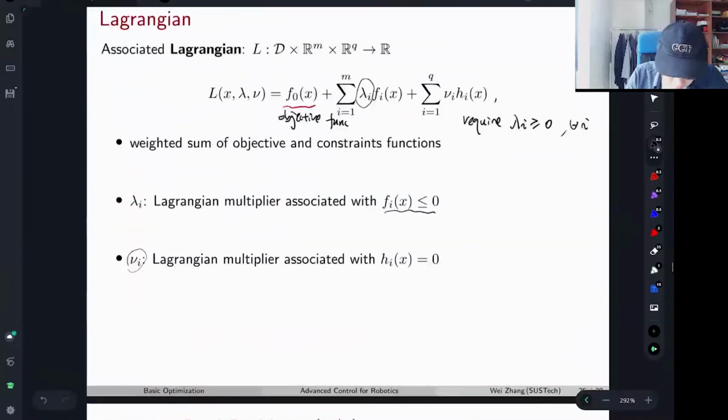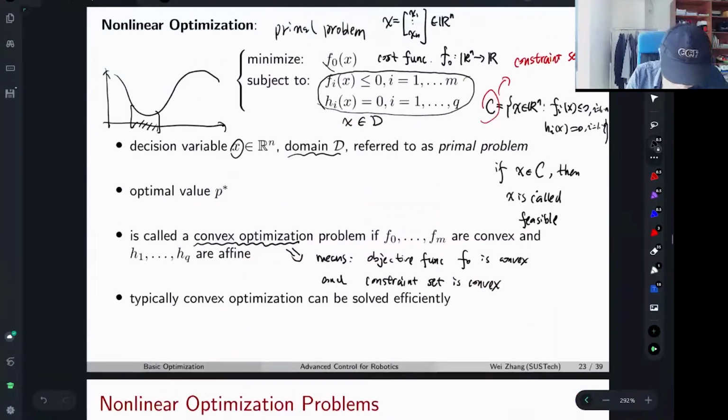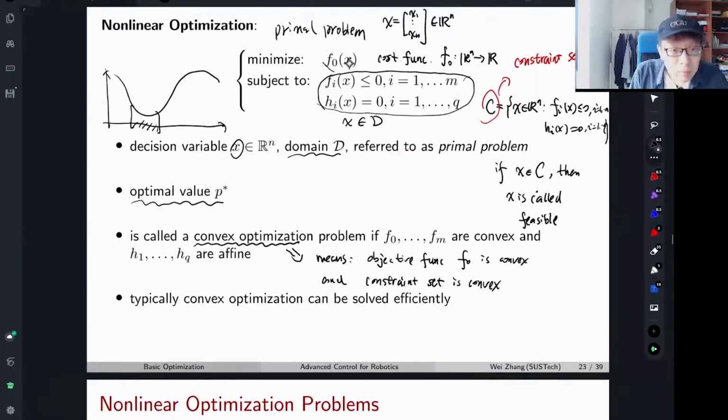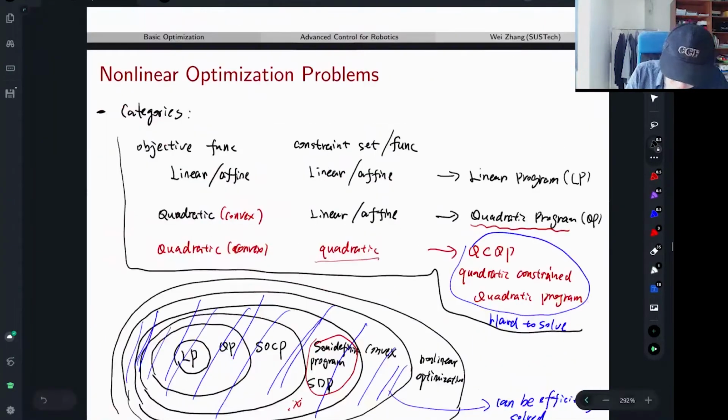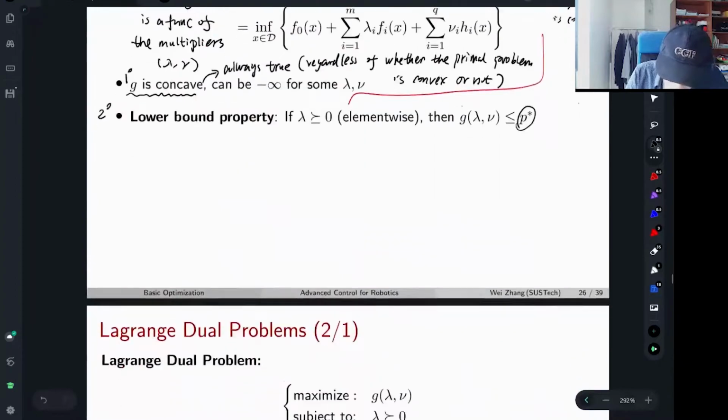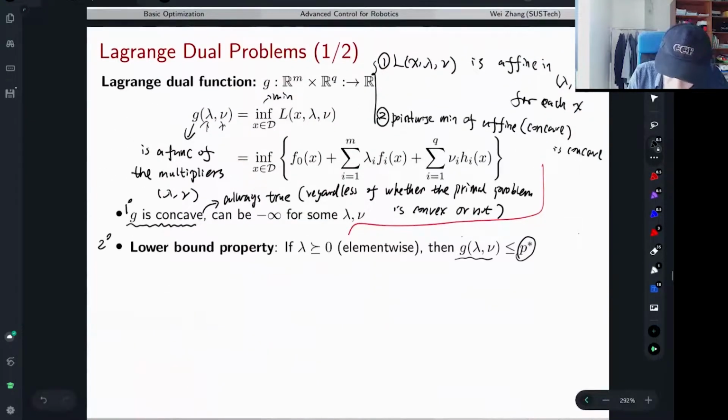This P star is, I think we defined it as the optimal value. That means when you minimize, the minimum cost function value you can obtain is P star. Okay. So for any feasible lambda, it gives a lower bound of this P star.